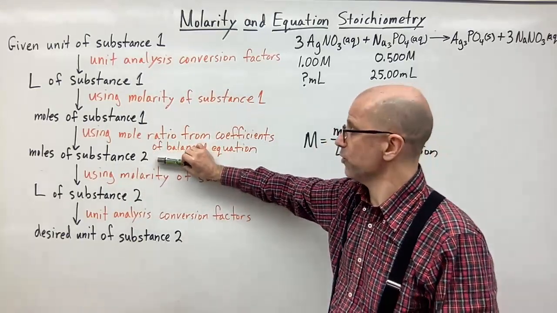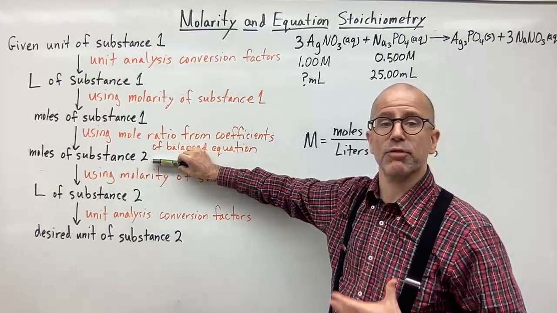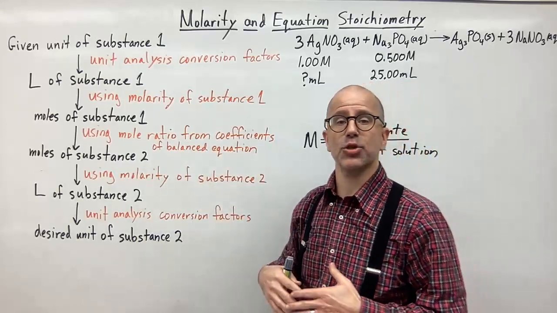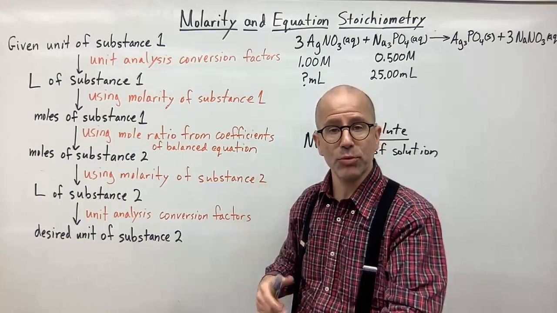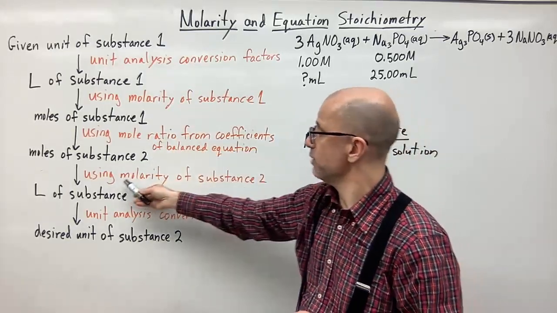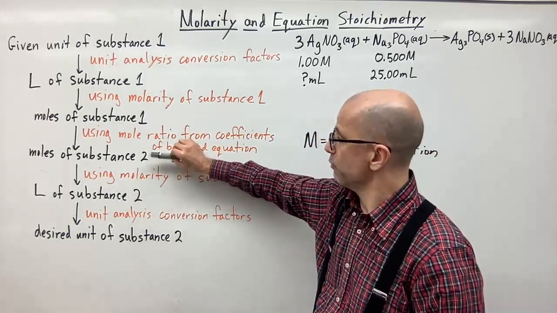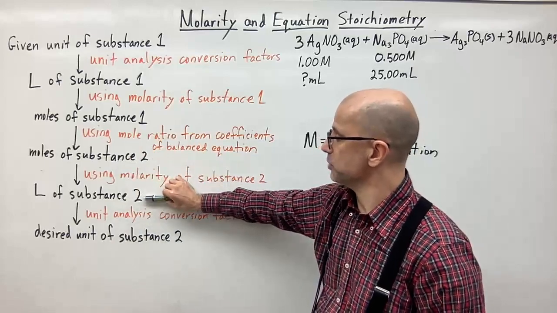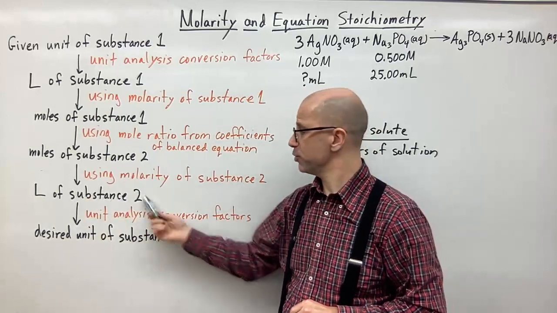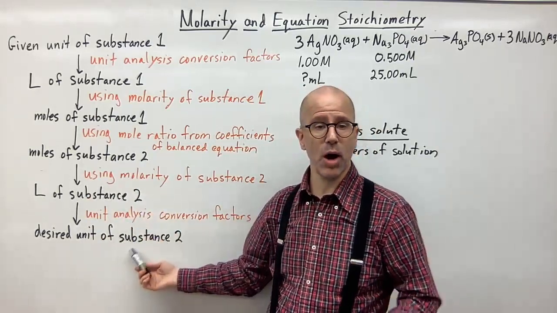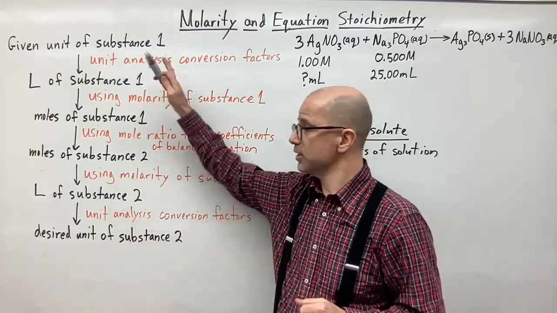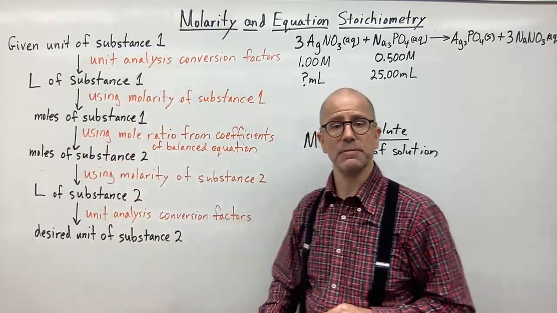Now that I have moles of substance 2, it's just a matter of converting to whatever unit they want. In this case, we're assuming they want a volume unit. So I would use the molarity of substance 2 to convert from moles to liters of substance 2, and then use some conversion factors to get from liters to whatever unit they want, maybe milliliters, maybe something else, right? So this is our roadmap. These are our steps, okay?